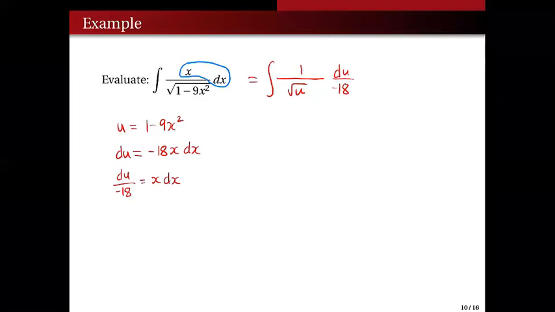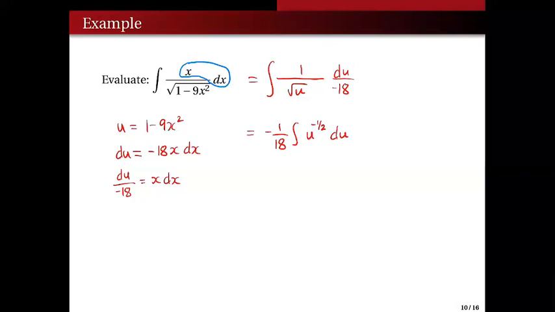If we convert this to exponential form, we can rewrite this whole expression as negative 1 over 18 integral of u raised to negative 1 half du.